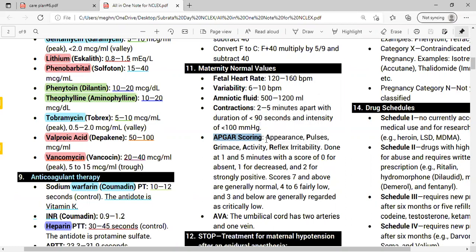So Apgar means we should check the baby's appearance, is it blue or pink, pulse rate, grimace, activity, muscle activity, reflexes, reflex irritability. It is done at 1 to 5 minutes with a score of 0 for absence, 1 for decreased, 2 for strongly positive, and a score of 7 and above is generally normal. 4 to 6 is fairly low, and 3 or below is generally regarded as critically low.